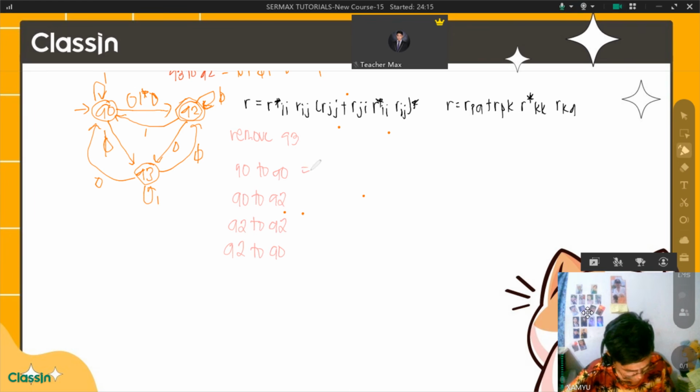So for this one, RPQ, that is Q0 to Q0, that is 1, plus RPK, that is Q0 to Q3, that is null. Then go to RKK, so Q3, Q3, that is 1 star, and KQ, your Q is Q0, so the Q3 to Q0, that is 0.